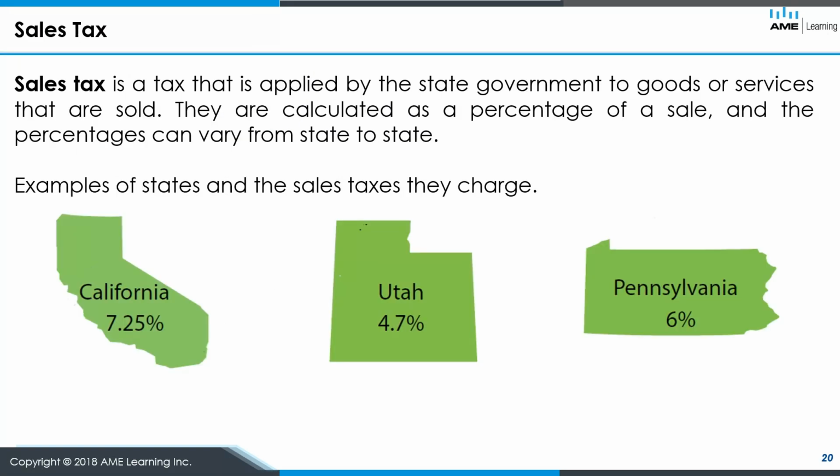Okay, so sales tax is another liability that businesses can incur if that business is selling certain goods or services. Sales tax, as you can see by the graphics here, can really vary by state, and they can vary sometimes by county, I believe, as well.